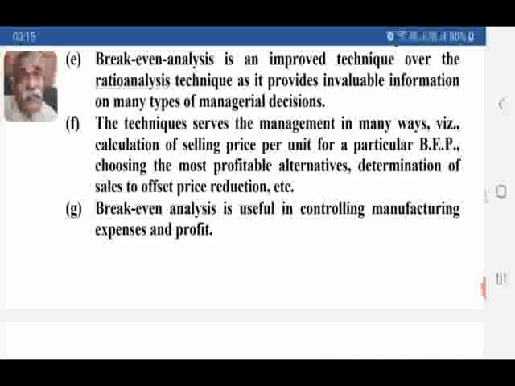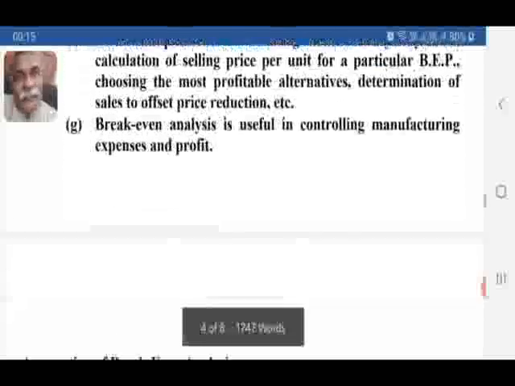The technique serves the management in many ways, like calculation of selling price per unit of a particular BEP, choosing the most profitable alternatives, determination of sales to offset price reduction, and so on and so forth. Break-even analysis is useful in controlling manufacturing expenses and profits.